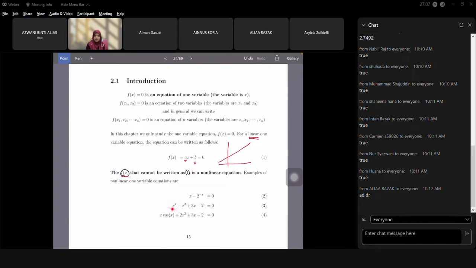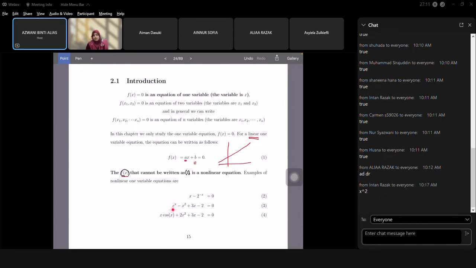Term apa yang menyebabkan equation 3 ni non-linear equation? Yes, x square, sebab dia adalah to the power of 2, kan? Kalau you lukis x square, dia dah bukan bentuk straight line, dia dah bentuk kuadratik. And ada lagi tak, selain daripada x square?